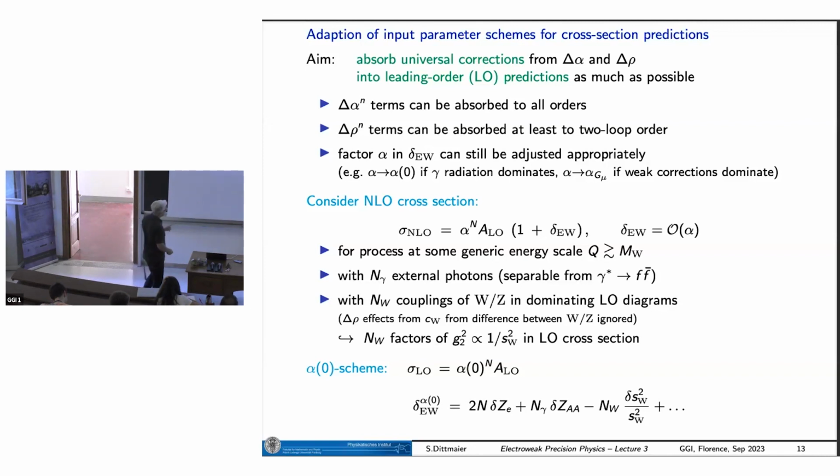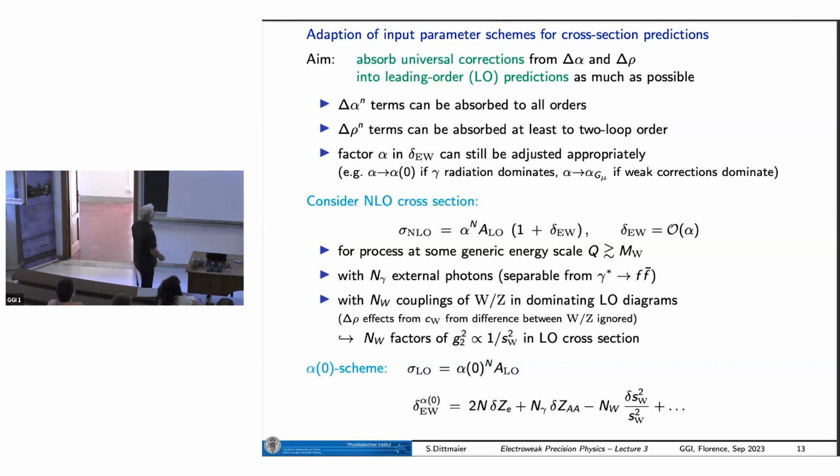And I assume also, this is also important, that I can separate them from any kind of low virtuality off-shell photons that split into fermion anti-fermion pairs. So I really can detect, I can isolate these photons. Just an assumption, sometimes true, sometimes not. And I have N W couplings of W or Z bosons in the dominating leading order diagrams.